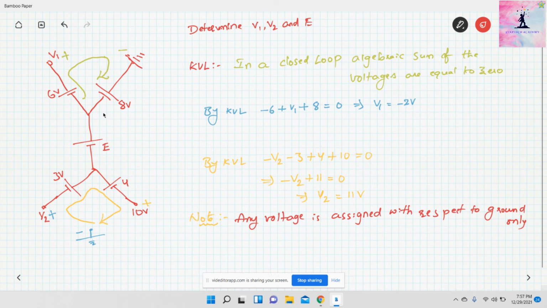Okay, ground 8 volts, E 4, 10 and ground. So it starts and terminates at the same point, that is ground. So in this direction, I am applying loop. I am forming a loop. Then I will apply KVL.